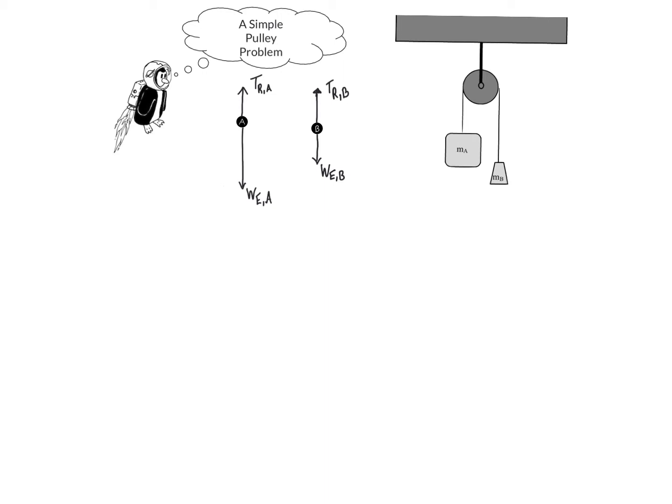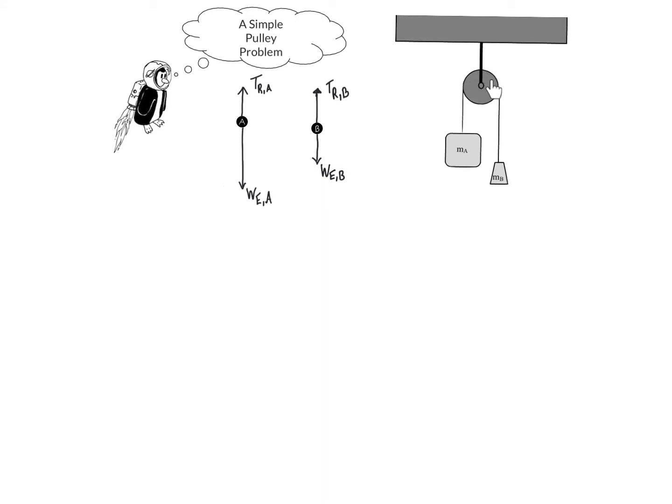Now imagine for a moment that you're a tiny little ant on the rope. B's forward direction is this way. A's forward direction is this way. So if our reference frame was going along for the ride on the rope, we could define our forward direction, even though the pulley changes it in this manner.